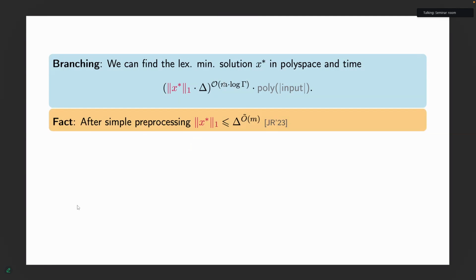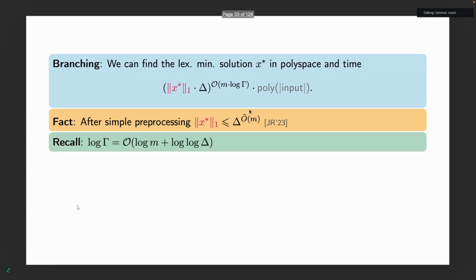So let's see how to use it to get an improved algorithm for ILP before I show you the proof. Another fact that you can use from the ILP literature is that you can bound the L1 norm of the lexicographically minimum solution by this. I will not prove it because we'll improve it later, but you can trust me on that.